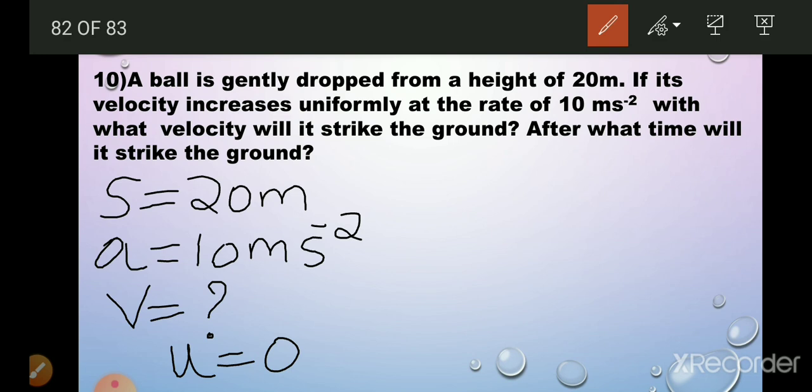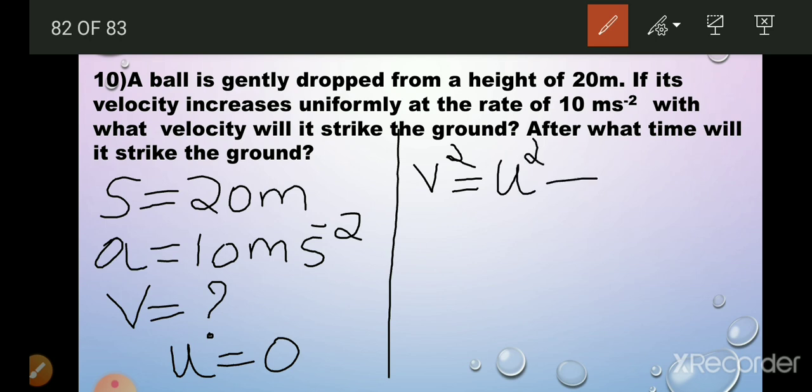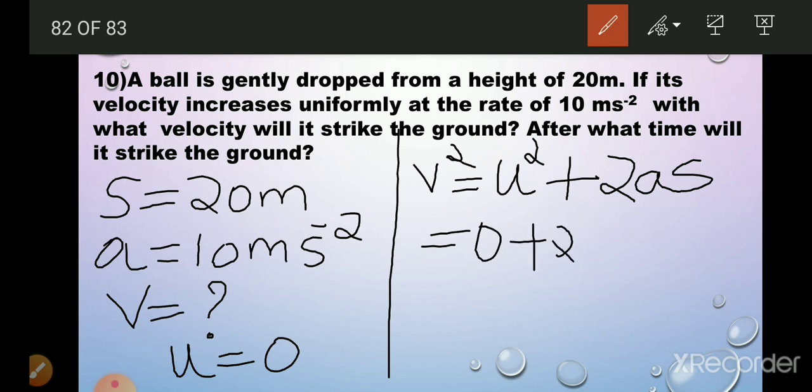So let us use the third equation, that is v square is equal to u square plus 2as, or v square minus u square equal to 2as. I have written v square is equal to u square plus 2as. Let us substitute u equal to 0 plus 2 into acceleration, given 10 meter per second square, and distance S is 20 meter.